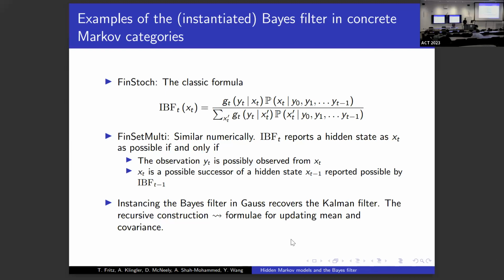And again, you get a very different flavor from just shifting to another Markov category. So in the multi-valued maps case, this is just doing two checks. The idea is that you have some kind of non-deterministic automaton running in the background, quote unquote.